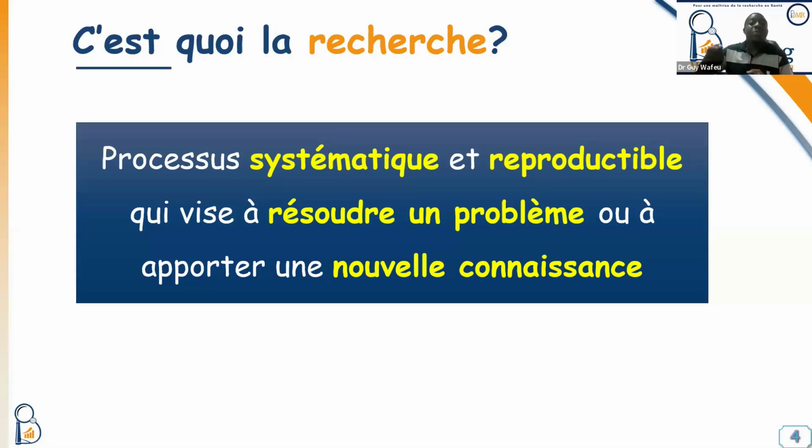You are not creating your own steps in the research, but you must follow the steps which are already defined and well known about the research process. Your process must be reproducible, which means that after you, someone else must be able to do exactly the same thing as you.